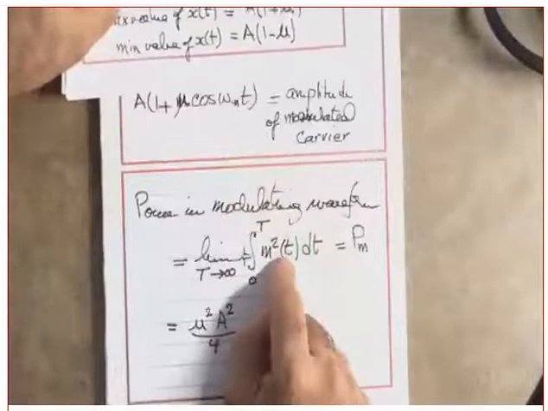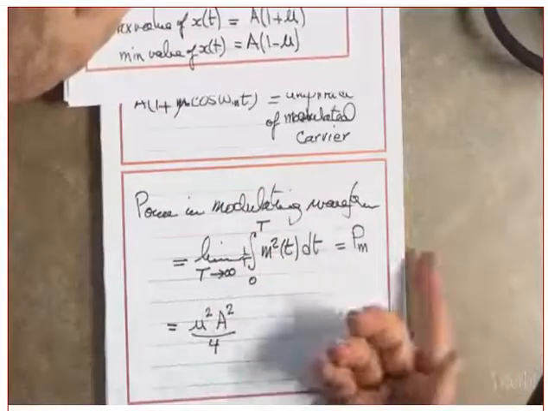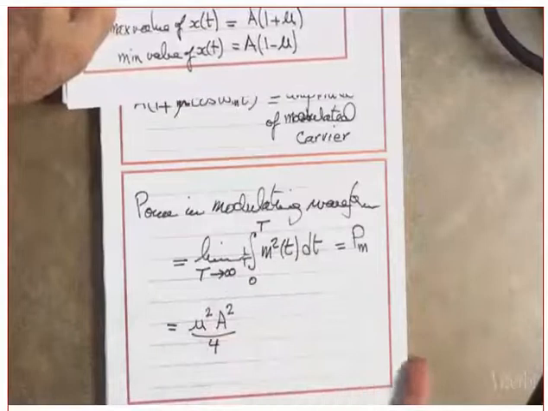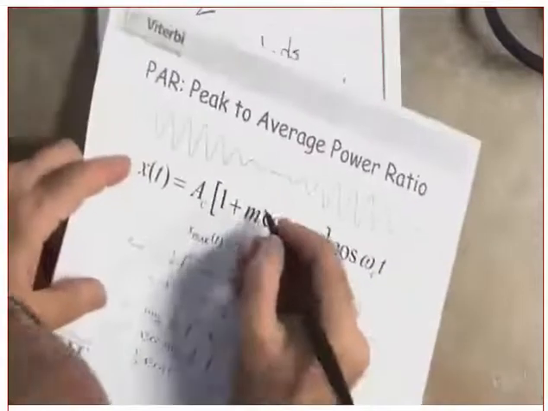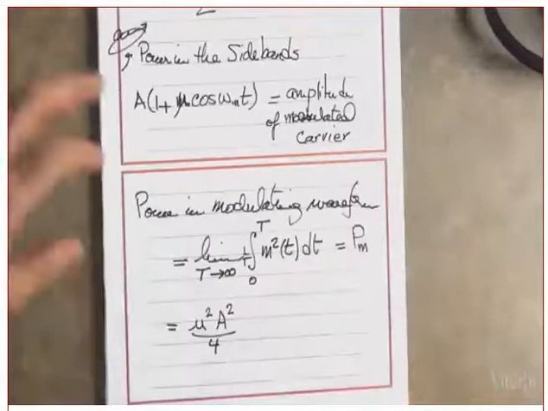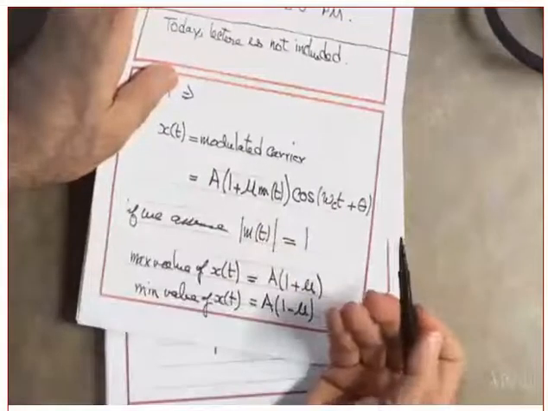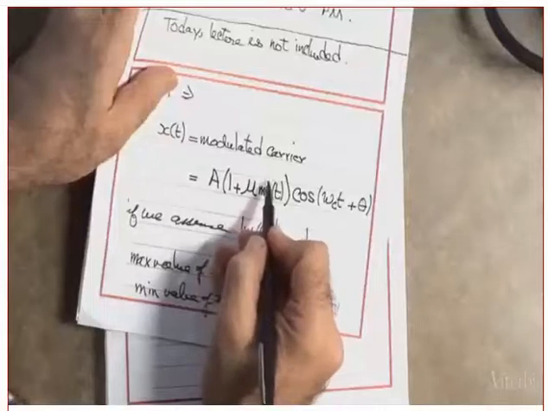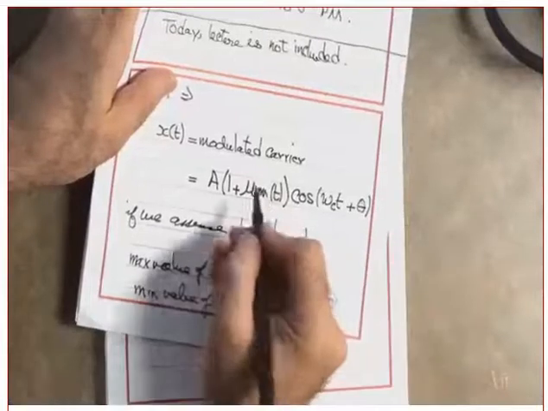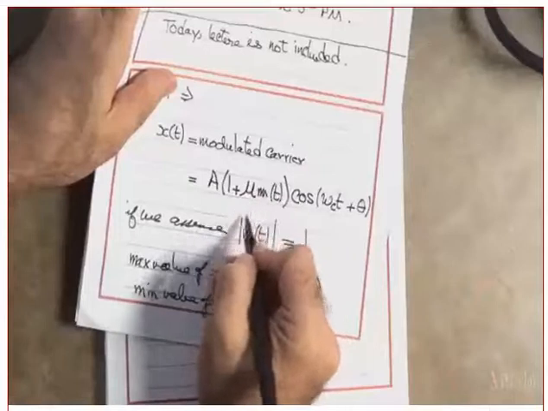What will this one be? So dt, you get 1. You follow me or not? So where is this coming from? This one is coming from the term here, mu A. So it becomes mu squared, yes or no? A squared over 2.